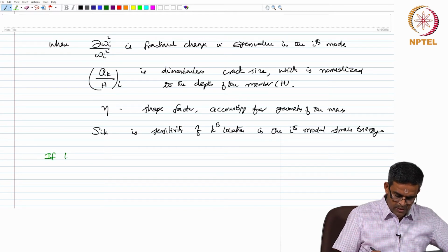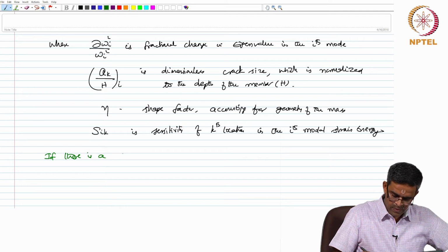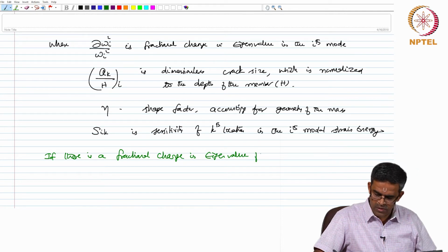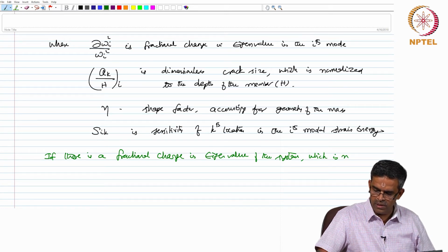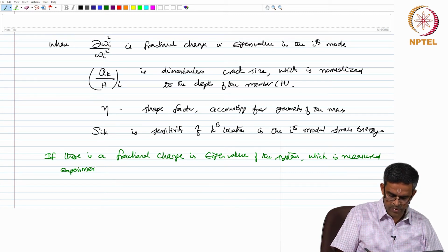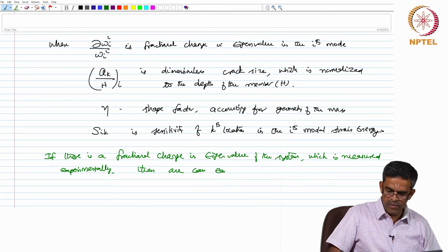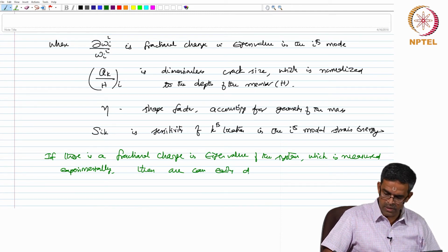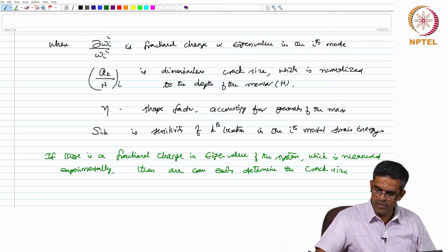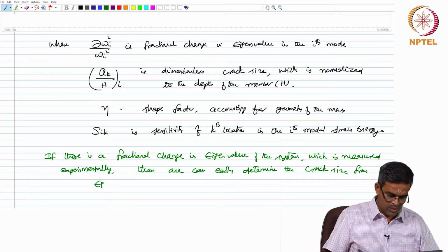If there is a fractional change in eigenvalue of the system which is measured experimentally, then one can easily determine the crack size from equation 7.